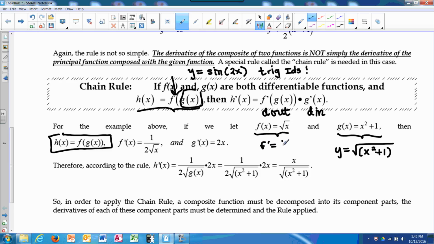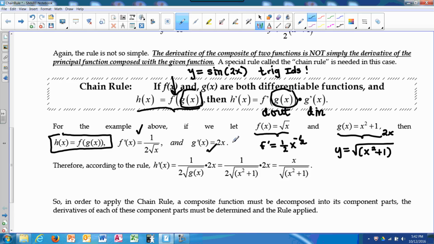So if we were just doing f prime of x, f prime would be 1/2 x to the -1/2. That's where we get this part. G of x would have a derivative of 2x. So that's where we get this part.